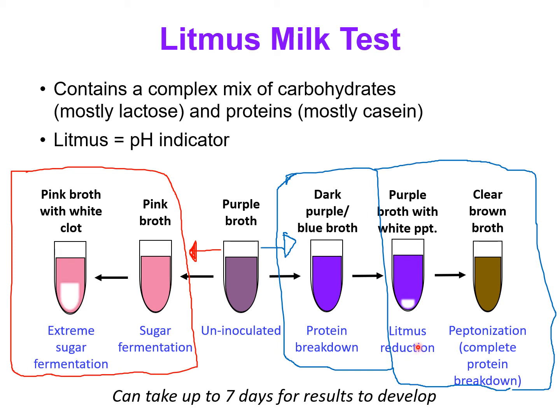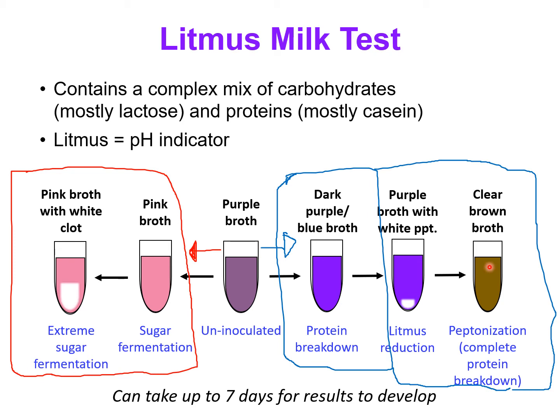So if the litmus chemical is gaining electrons, it's going through reduction, and as it's gaining electrons, it's going to give you that white precipitate at the bottom of the test tube.